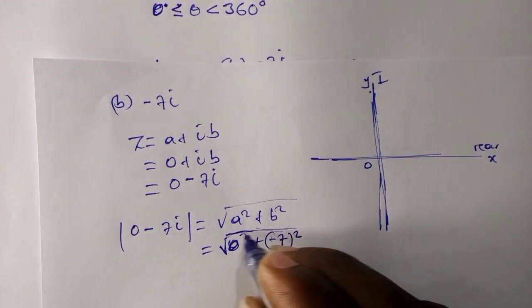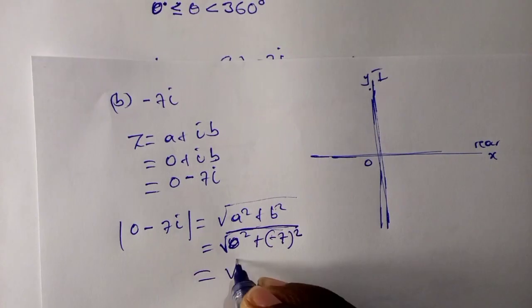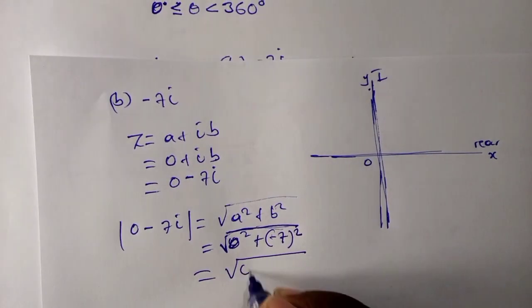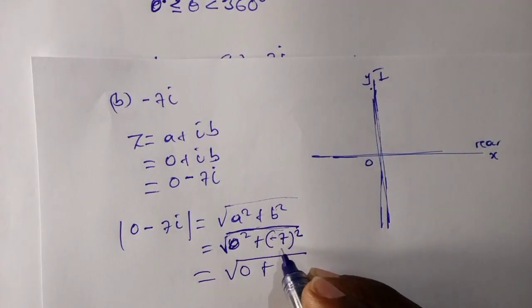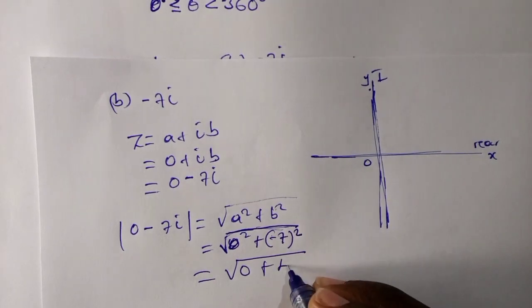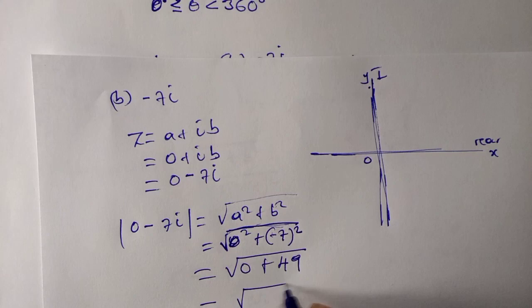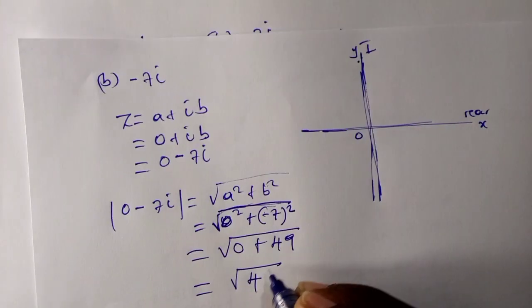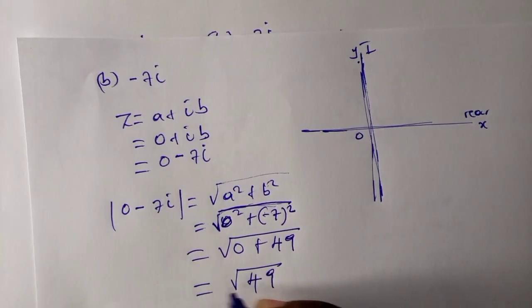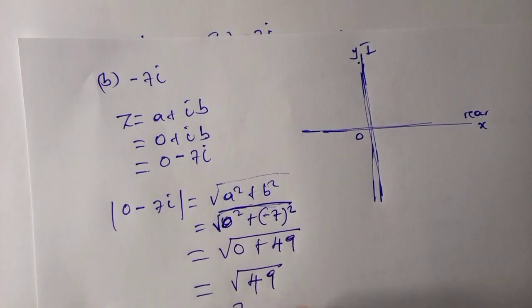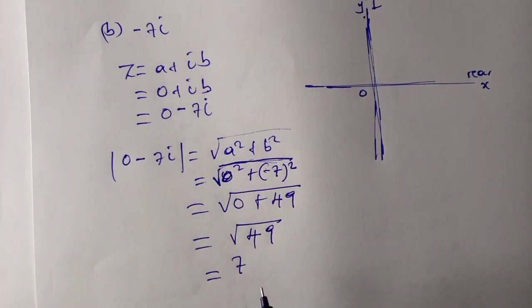In which 0 squared is 0 plus negative 7 to the power 2, which is 49. So 0 plus 49 is 49, the square root of which is 7. So we only take the positive one.